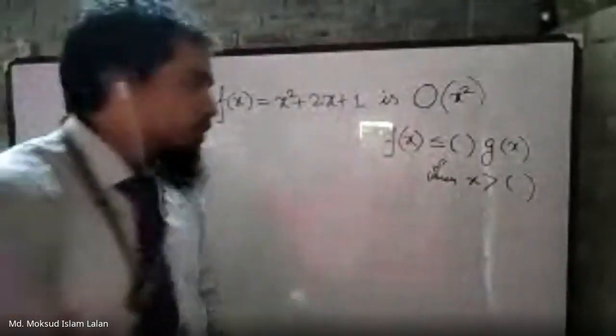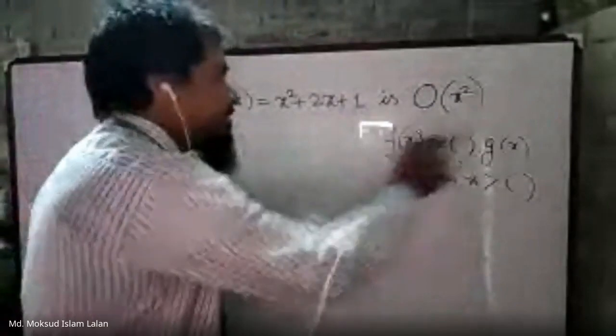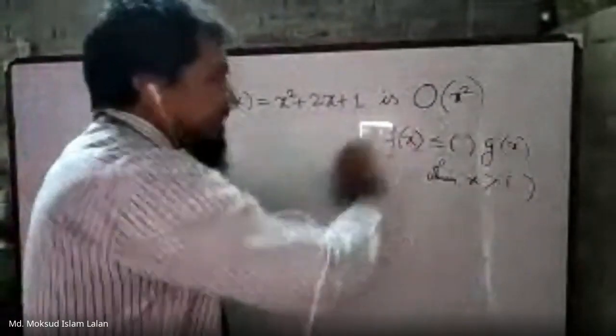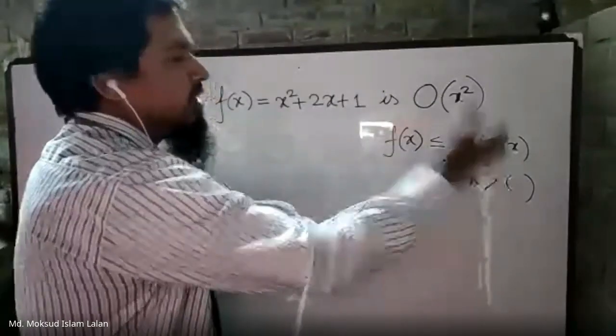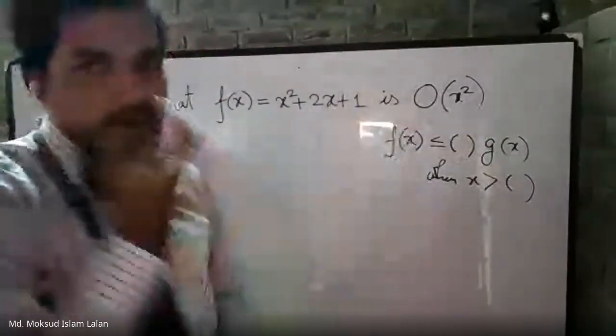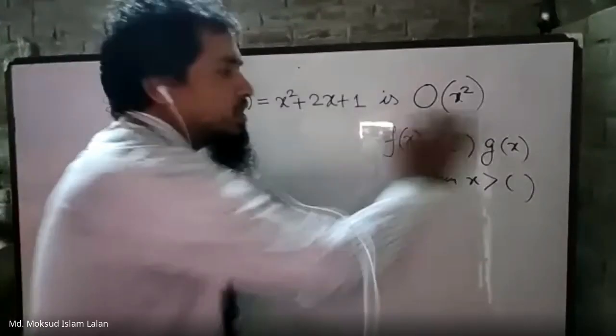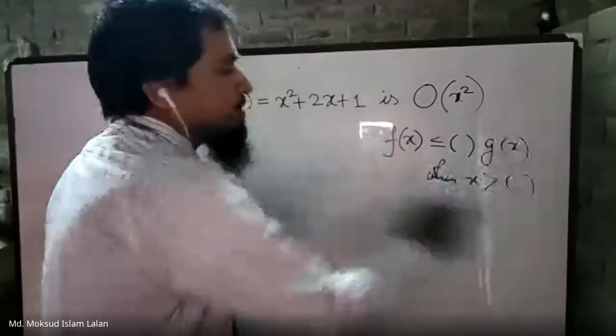Whenever x is greater than some constant. Do you understand? And we know that if g of x and f of x are expressed by this formula, then you can say yes, this is a big O, right?